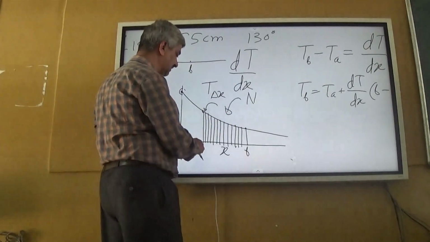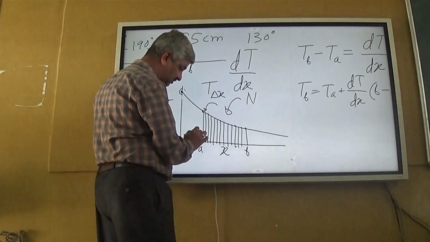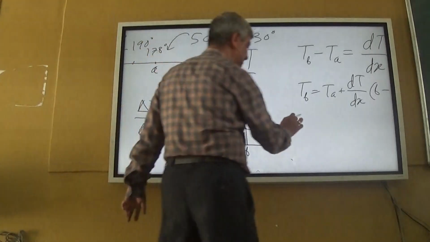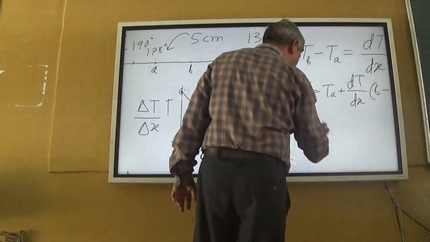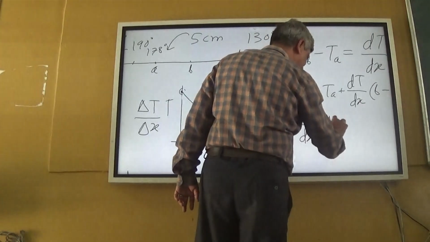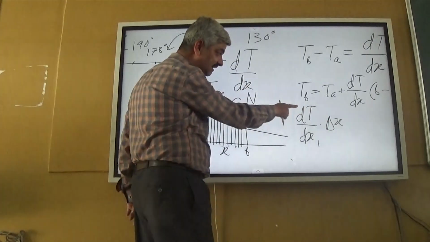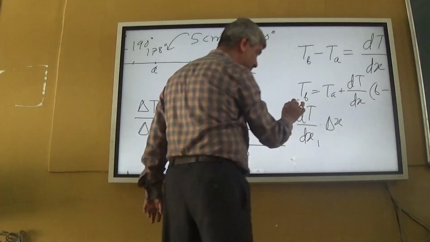Then I can say that during this small range the slope is constant. So it is dt1 by dx1 into delta x, not delta x1 because delta x is the same. This is for the entire one.